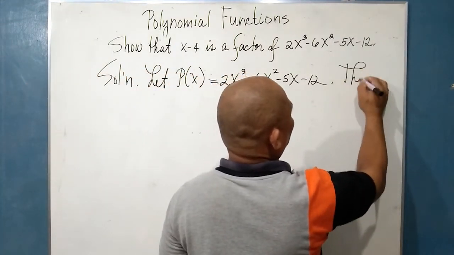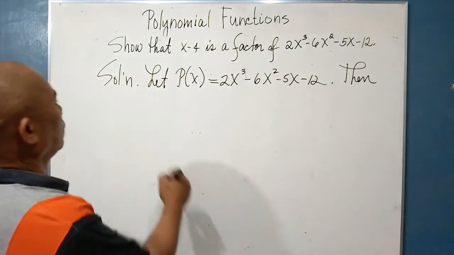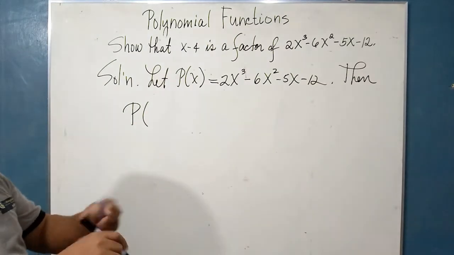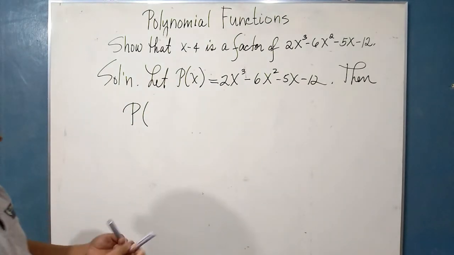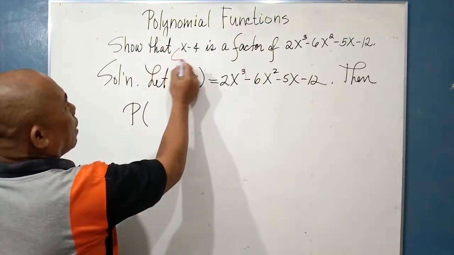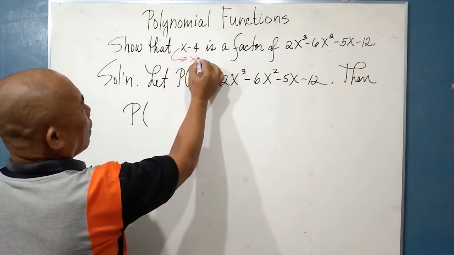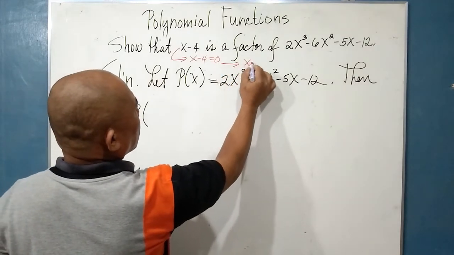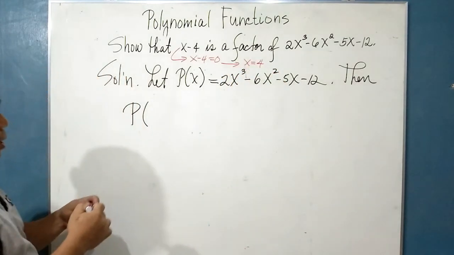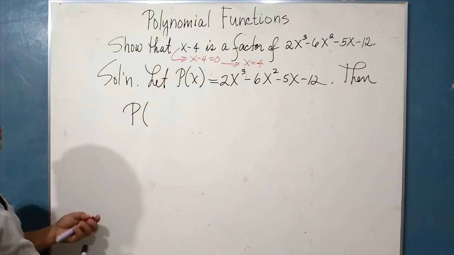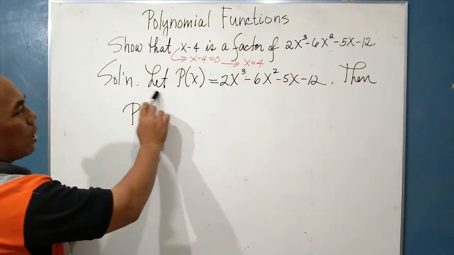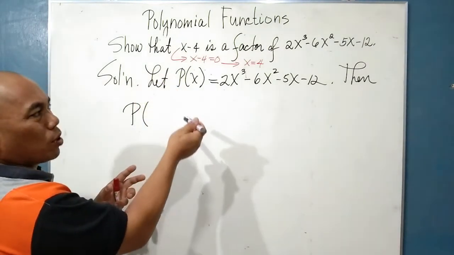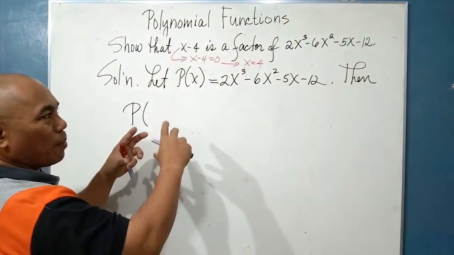Then, i-equate nato sa 0, unsa may ipasabot dayon nga si x is equal to 4. Di ba? So, giana lang nato para ma-define ang atong gibuhatan nga sayon ma-apply na ang substitution.